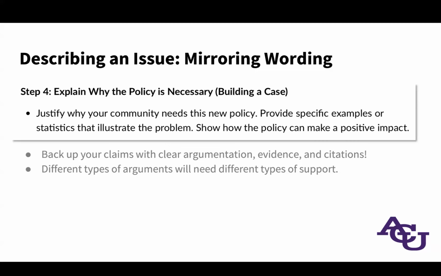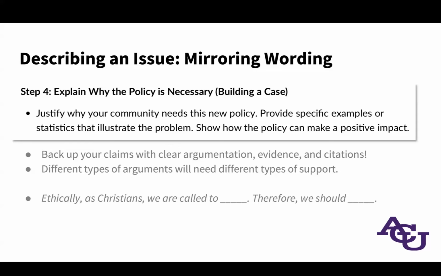And in that case, you might be referencing some of the authors or the philosophies that you're talking about, or referencing other people who have made similar claims, which will be very different if you were making an argument that, oh, this will save money, or this will save lives, or something like that.